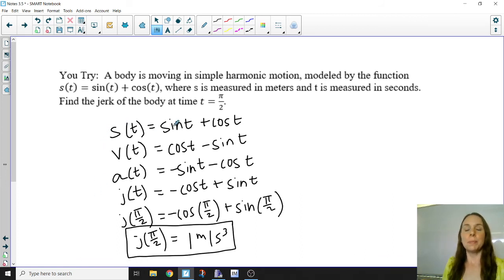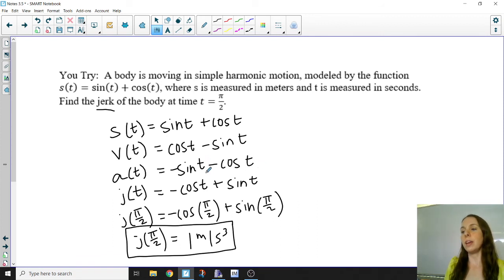So starting with a position of sine t plus cosine t, you can take a first derivative and keep in mind that the derivative of sine is cosine, the derivative of cosine is negative sine, and that gives you velocity. We were asked to find jerk of the body at time t equals pi over 2. So we need to do 2 more derivatives. You can see that I did those there, just being very careful of my signs, meaning positives and negatives, as I did derivatives.